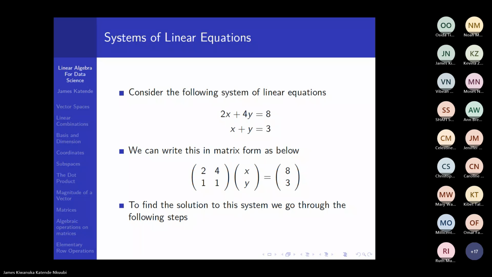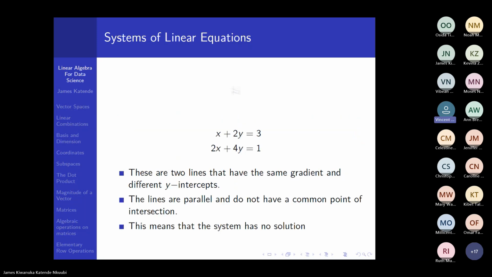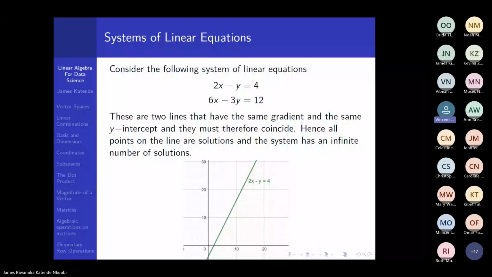Excuse me, sir. Yes. On the second example that you just gave, how is it possible to have two lines with the same gradient and still they intersect? The same intercept.